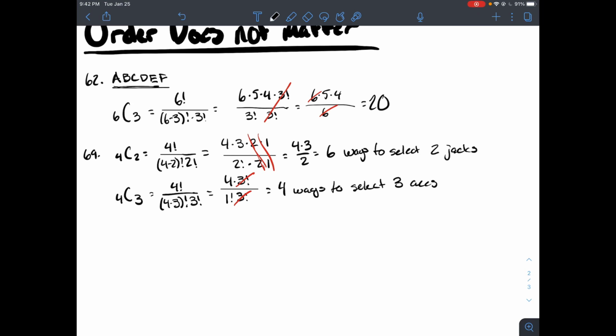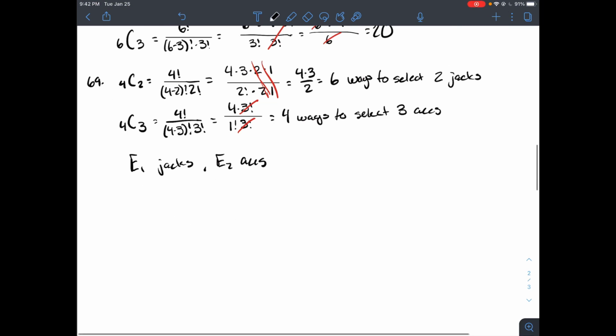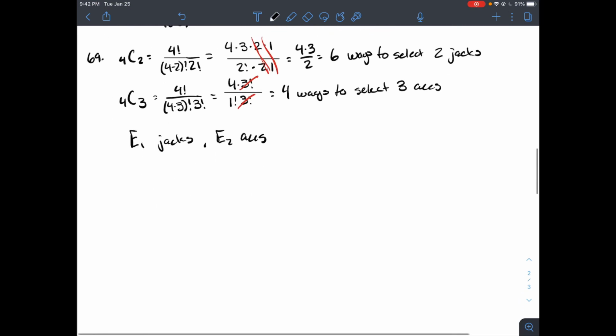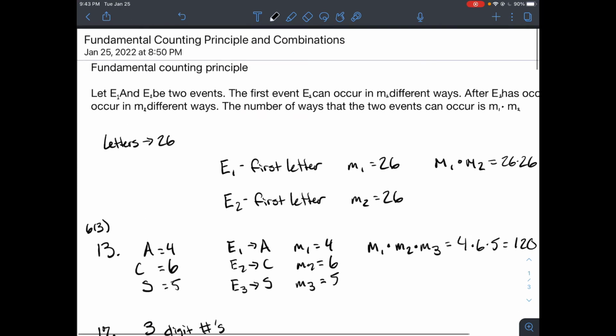Now, so we have our 2 different events. We could say E1 is our jacks, and E2 is our aces. So the different ways is going to be M1 is going to equal 6. M2 is going to equal 4. And this then is going back up to this counting principle.